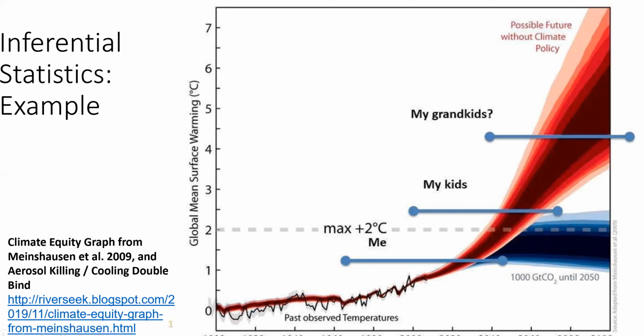And this is the climate data. You could see on the bottom here, we have data for global mean surface warming, or temperatures, from basically the 1900s to about 2010.